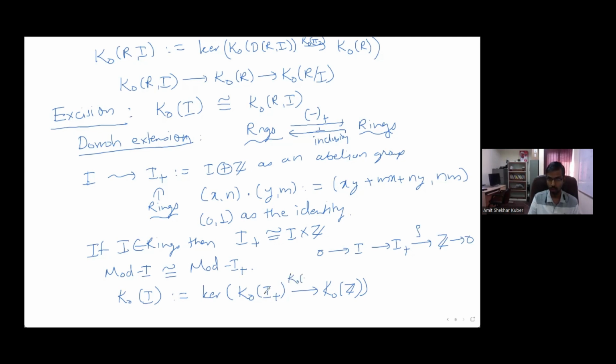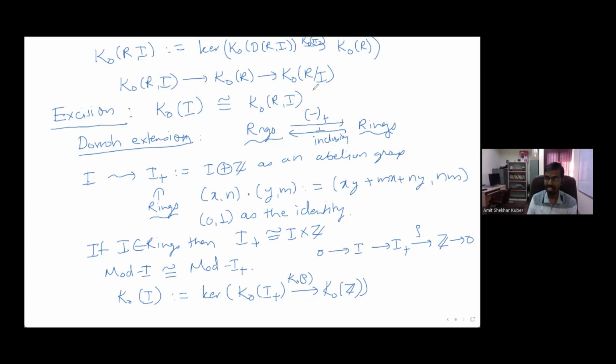So K0 of rho has a kernel, and that kernel is defined to be K0 of I. You can check that if I is actually a ring with unity, then K0 of rho is simply a split map, so you will get back the original K0 of I. Nothing changes over here. And therefore you can define K0 of a ring without unity also. That K0 of a ring without unity will turn out to be isomorphic to K0 of R comma I, the relative K0. So this is the excision property for K0.